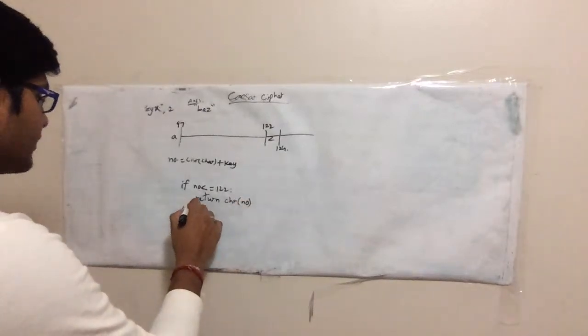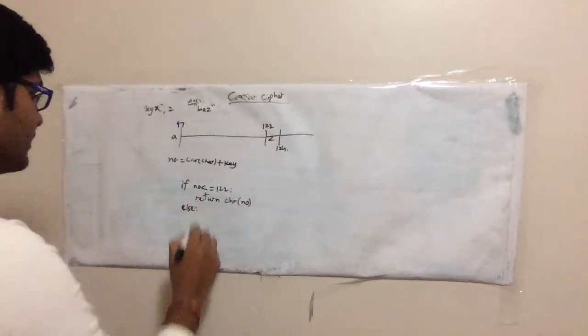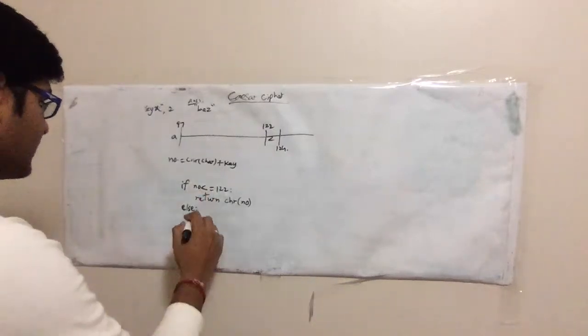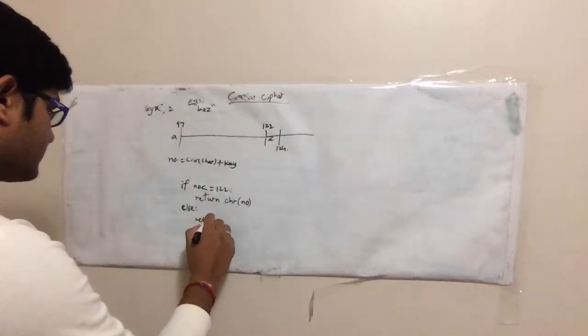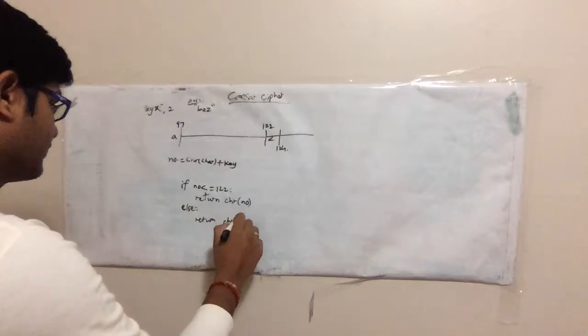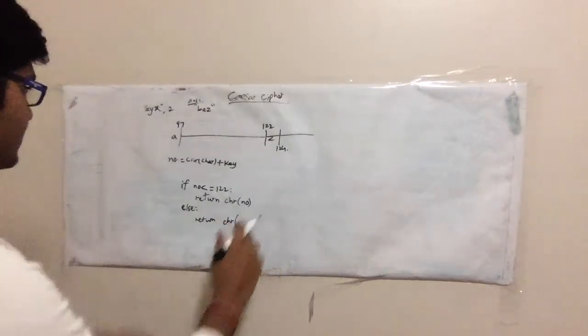But if that is not the case, we need to return the character of the modified number.